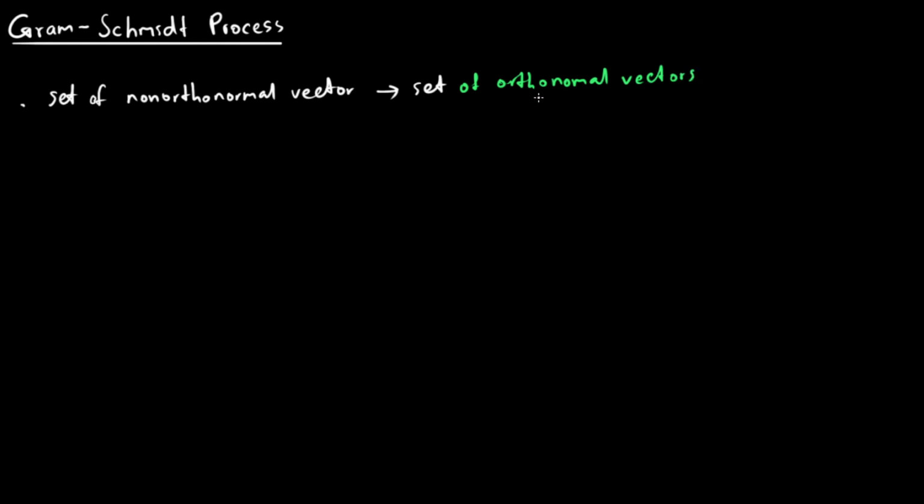Orthonormal comes from the words orthogonal and normalization. Orthogonal means perpendicular. So if a set of vectors are perpendicular to each other pairwise, each two of the vectors are perpendicular, that means the vectors are orthogonal to each other.